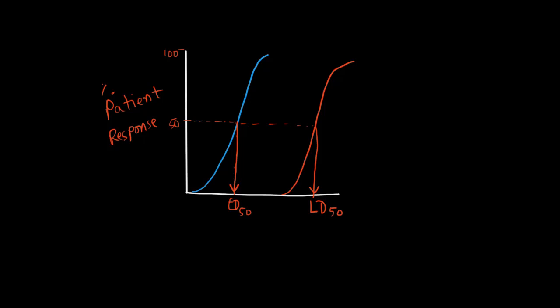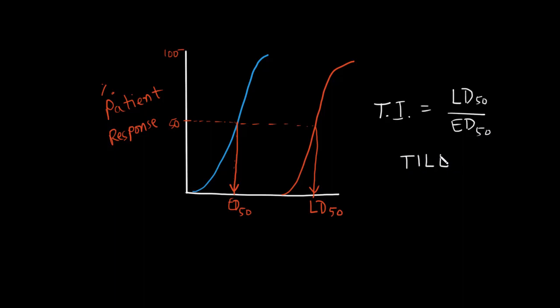From that we can calculate the lethal dose 50, or LD50. The ratio of this LD50 and ED50 is called the therapeutic index. So TI, or therapeutic index, equals LD50 divided by ED50. You can remember this equation if you remember TILE, T-I-L-E.